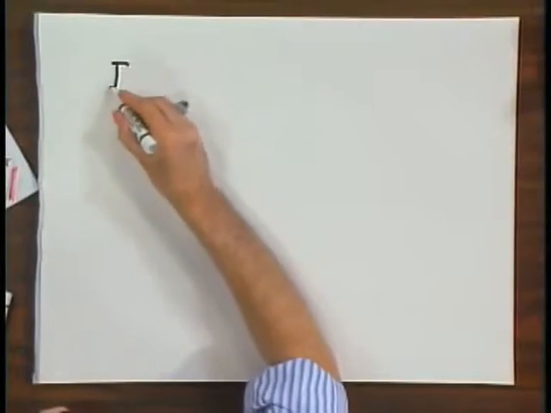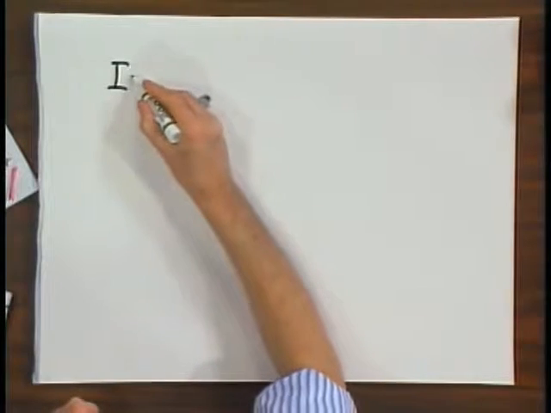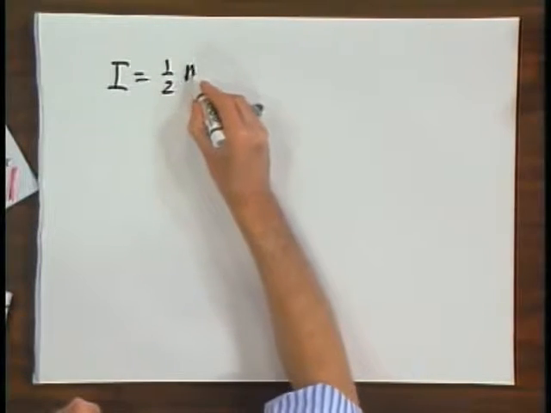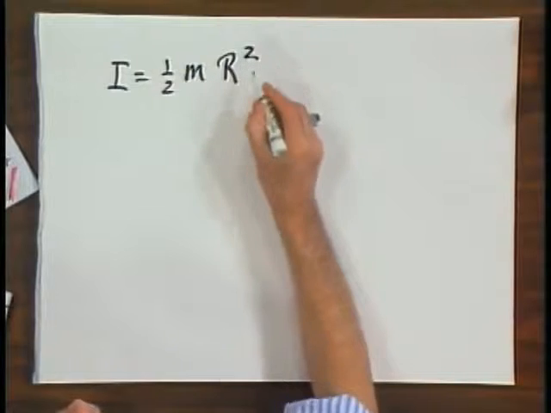Now, for a given density, if I take a disk of a given material, let's say it's aluminum, we can now ask the question, what happens when we make the disk thicker, and what happens when we make the disk larger? So the moment of inertia of that cylinder, as we just derived it, was 1/2 m times R squared.